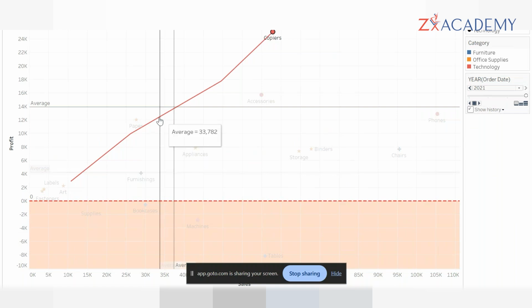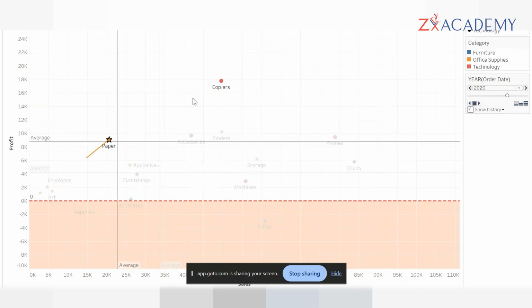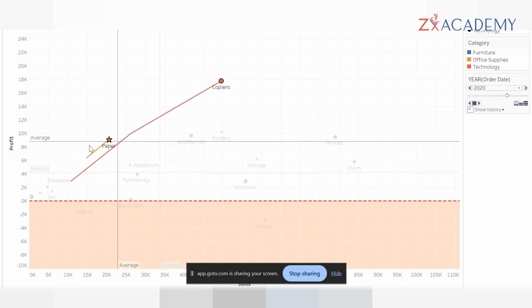Now if you want to compare this with the papers, papers also have shown that same 45-degree orientation, but the distance covered is very low. When you compare the papers and the copiers from 2018 to 2019, the papers have hardly covered any distance. In two years, from 2018 to 2020, you can see the growth in the copiers and in the papers. The angle is the same.